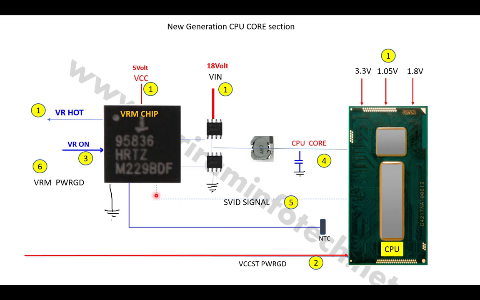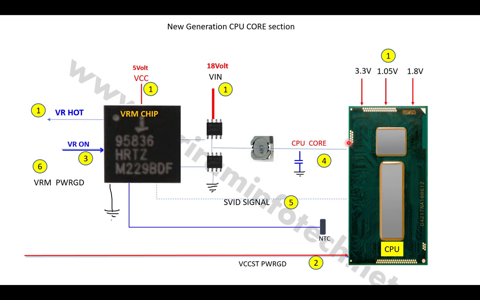Okay, and then this VRM chip is ready to work, but before that it checks the temperature, and here is the NTC, the negative temperature coefficient, a kind of thermistor responsible for monitoring the temperature of the area of the motherboard on the CPU side. If the temperature is high near the CPU, then the NTC informs the VRM chip, and the VRM chip terminates the core voltage to cool down the motherboard.